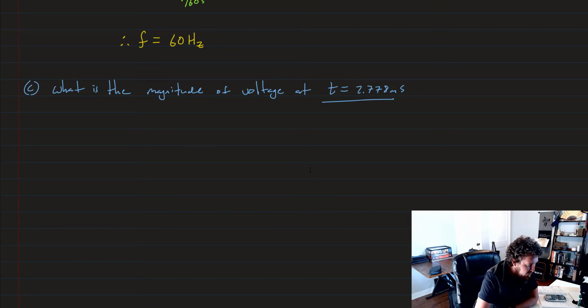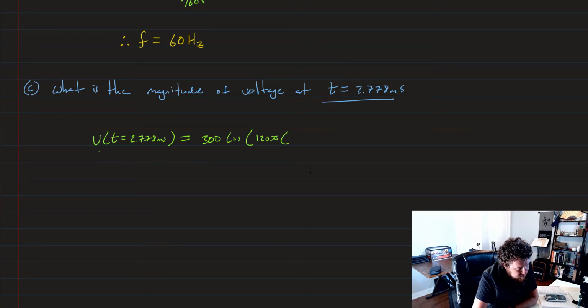So let's start by plugging in what we've already got. We have an expression for our voltage, and let's say that V at t equals 2.778 milliseconds is going to be equal to 300 times the cosine of 120 pi times 2.778 times 10 to the negative 3 plus 30 degrees, and that's given in volts.